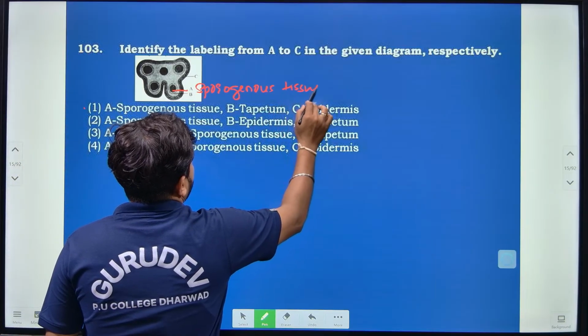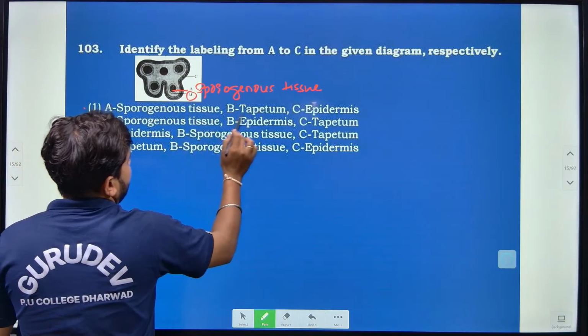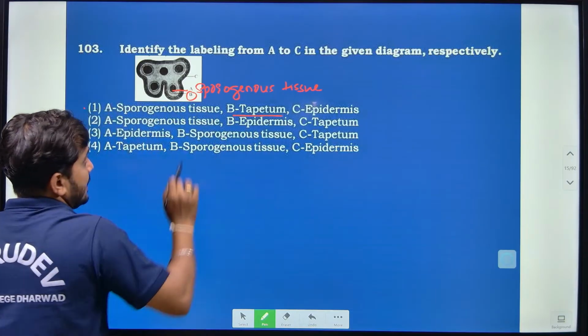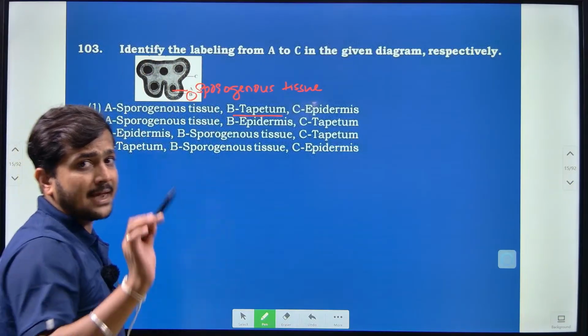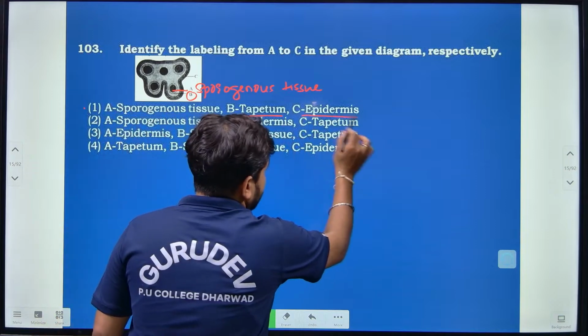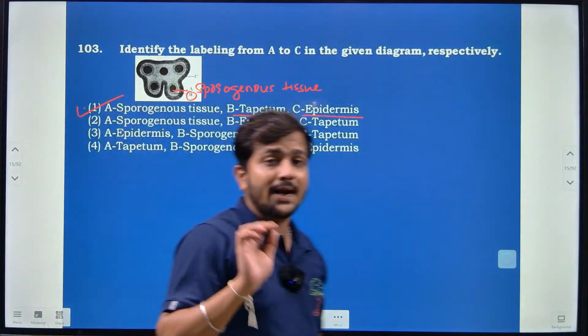So A is the sporogenous tissue, then the surrounding layer B is the tapetum, and the outermost layer of this microsporangium is called the epidermis. So based on that, option 1 is correct.